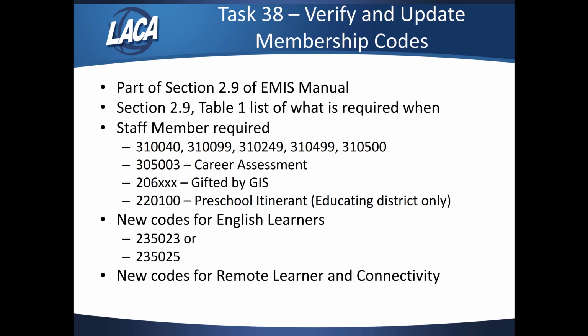Again, most important is the remote learner or the education delivery models, and then the hardware, and then the connectivity. So that is the order of importance that you have to have stuff for.